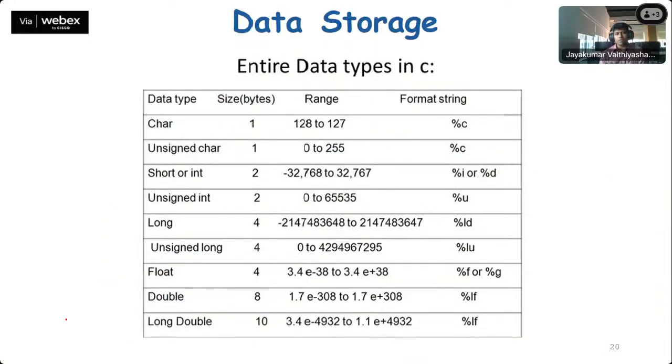So these are the data types available in C, and these are the memory size, memory range, or data range available in each data type. Take an example of char. Char is a character. It could be A, it could be capital X, any single character. So that is why the storage takes only 1 byte.